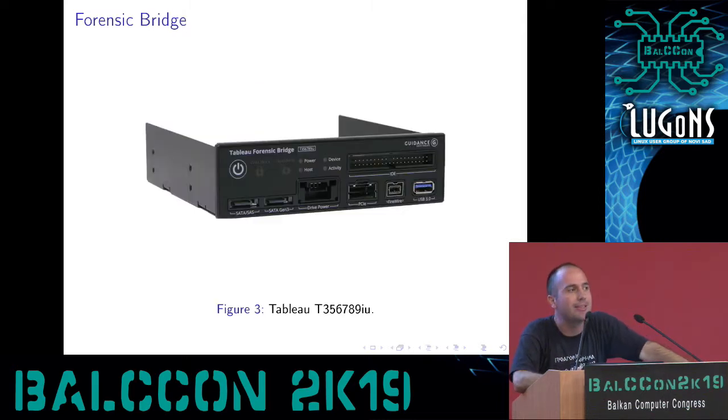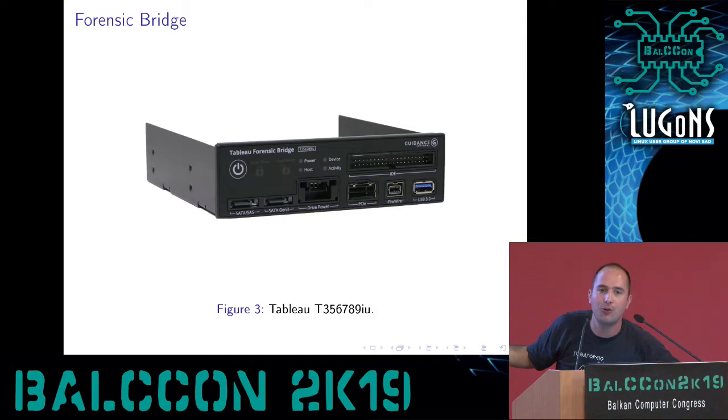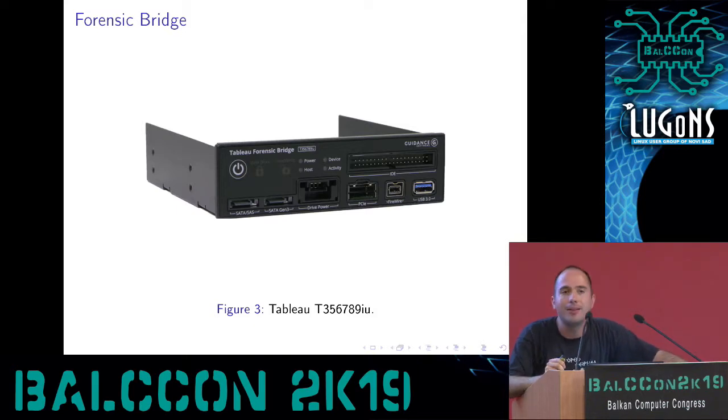This is a little bit simpler device. It is called a write blocker. That is a device that you can put on your desktop PC, and as you can see it has different hardware interfaces which are very similar to the usual IDE, USB, etc. interfaces, but they also disable writing on the device.